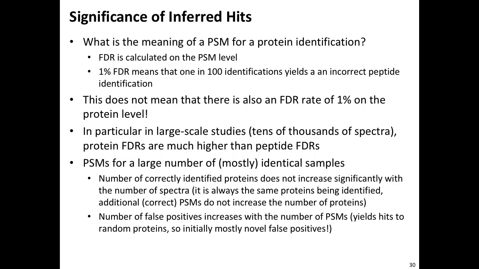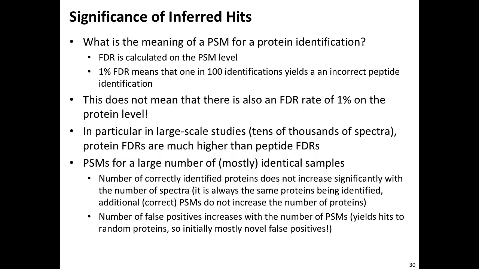Why not? Proteins have different lengths, have different peptides, and oftentimes you get the same PSM over and over again because the same spectrum is identified over and over again. It's also a function of abundance. If you have PSMs for a large number of mostly identical samples, then the correctly identified hits are always there.